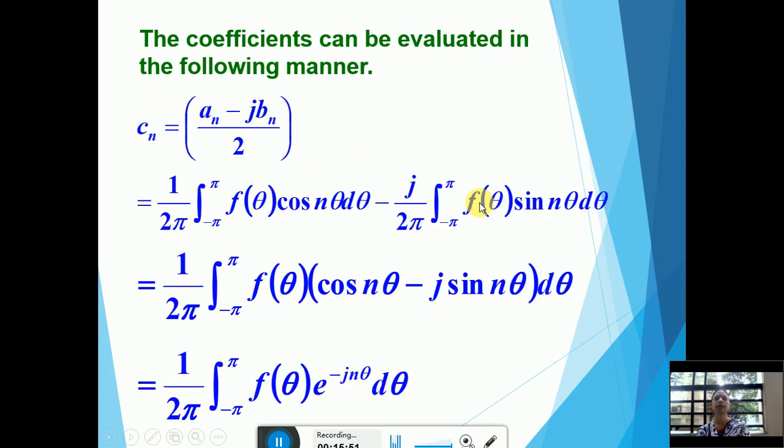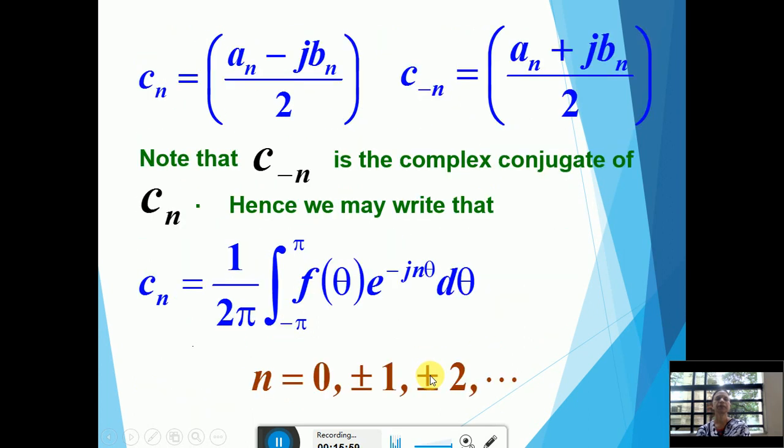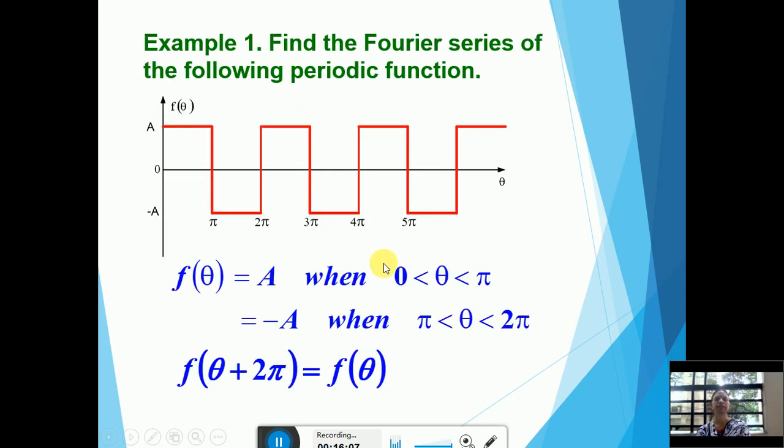Cn and C minus n are called complex conjugates. The values can be evaluated like this, where n is equal to 0, plus or minus 1, plus or minus 2, and so on. The complex form of the Fourier series is given by this.